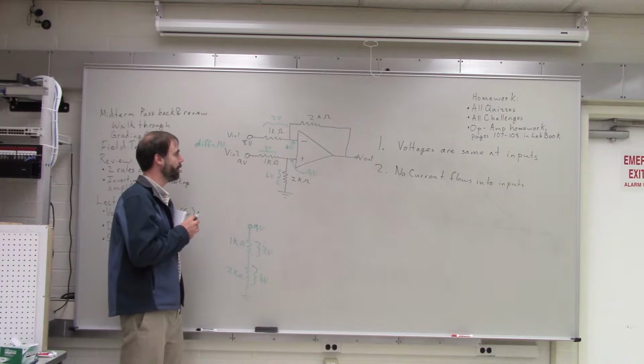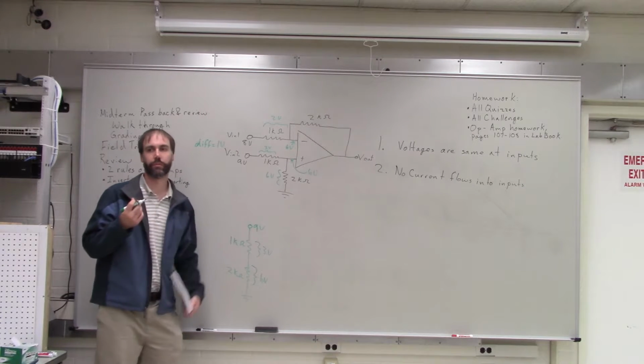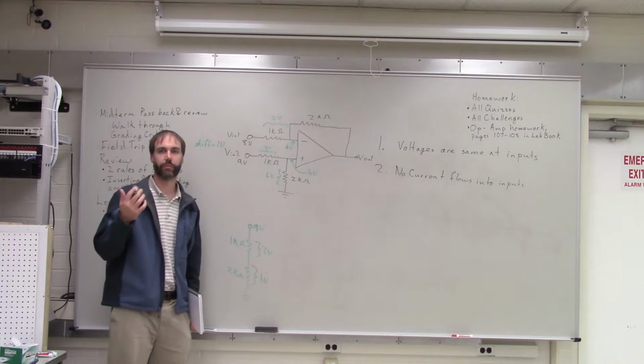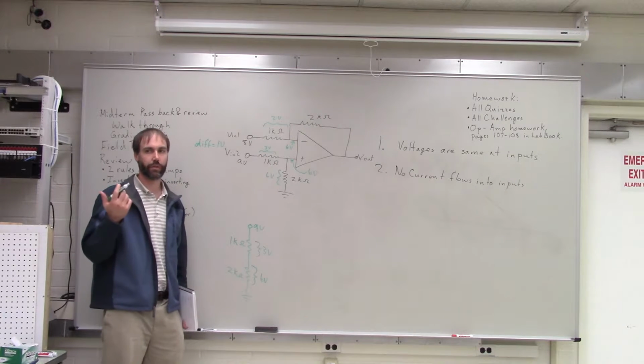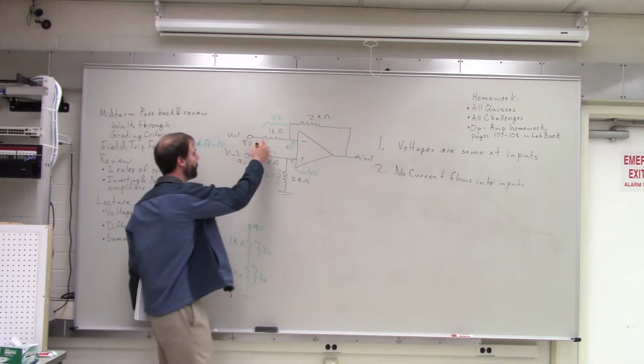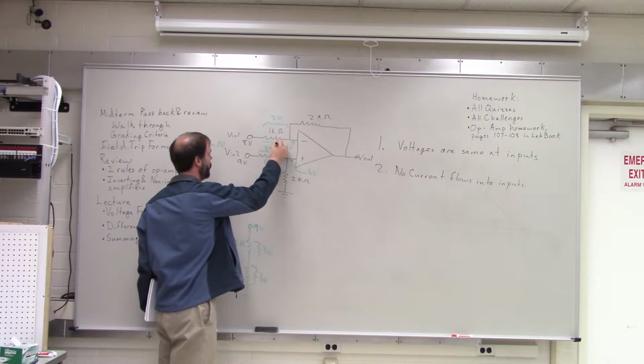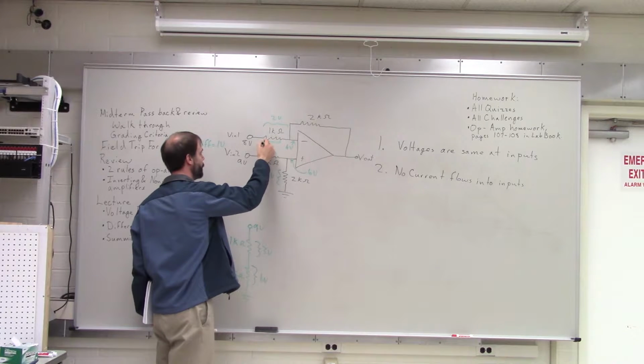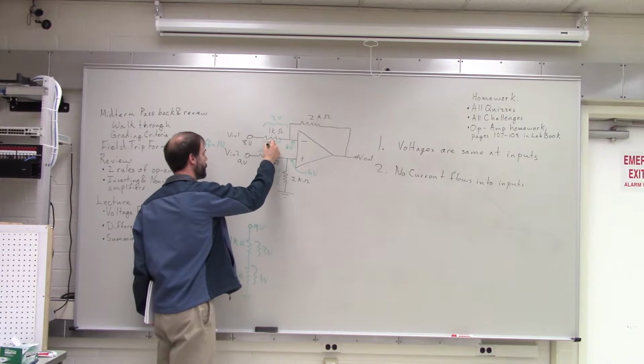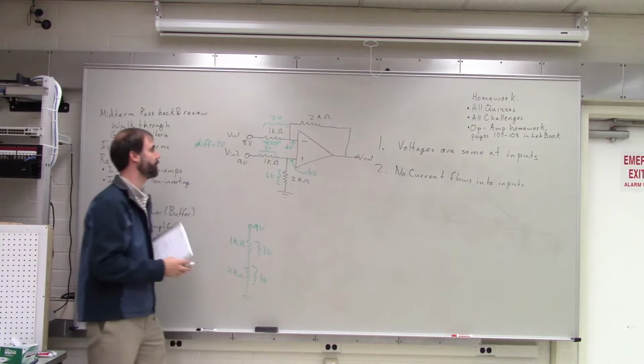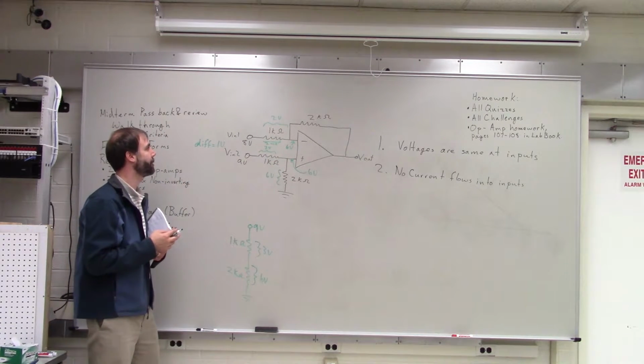How much current do we have? 2 milliamps. Yeah. Remember, any voltage across a 1 kilo ohm resistor gives you that many milliamps. So 2 volts across 1 kilo ohm gives you 2 milliamps. Okay.